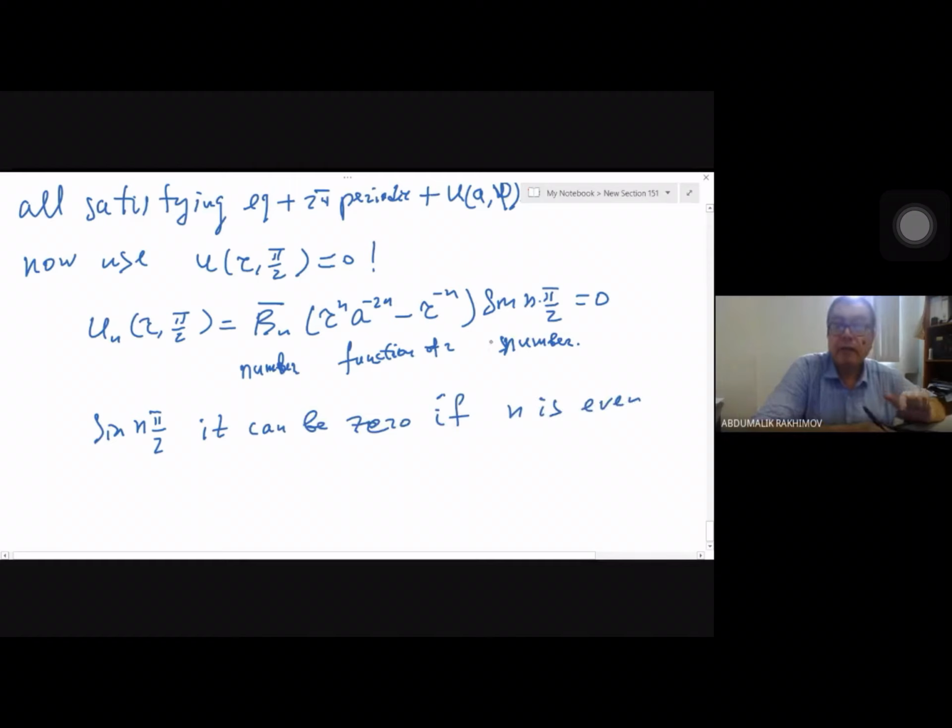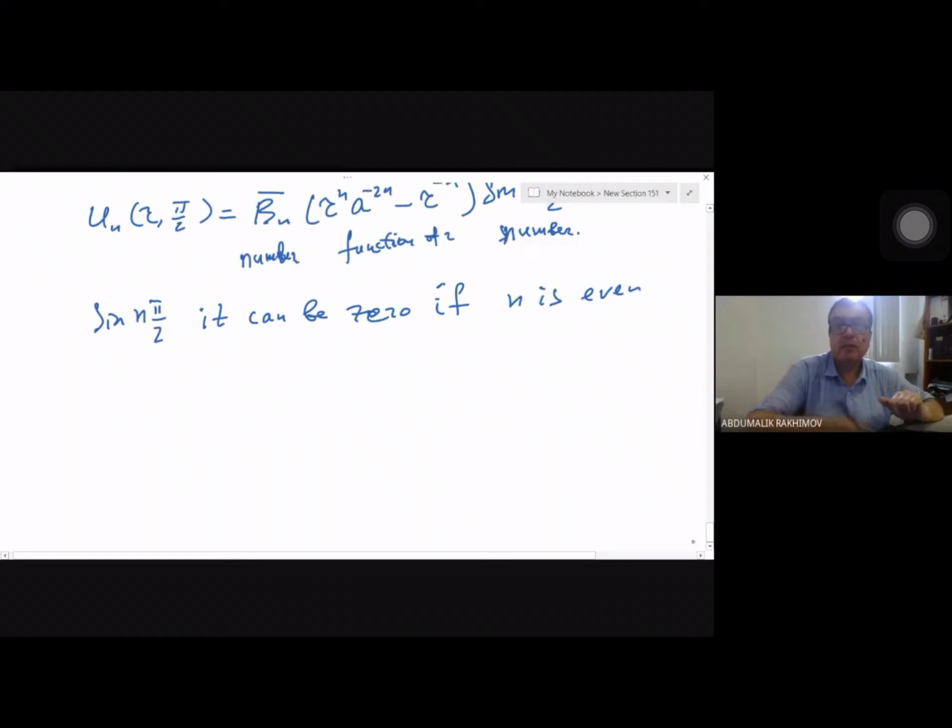So if n is even, this is 0, then we can say B_n bar is non-zero. So when n is even, B_n bar is non-zero.